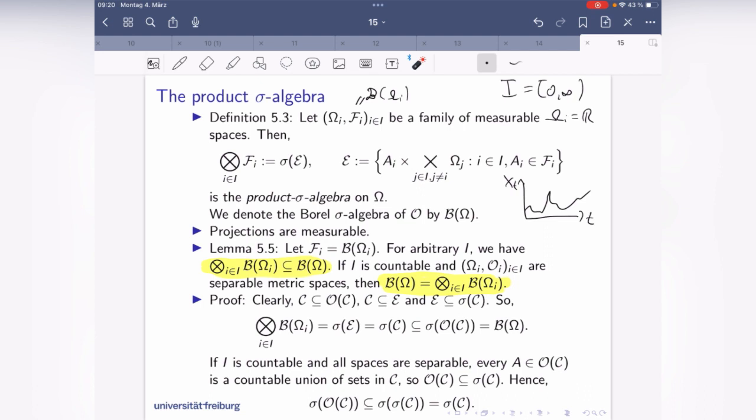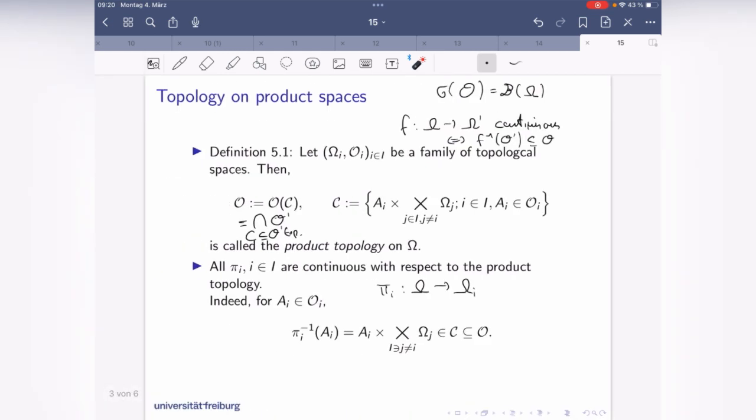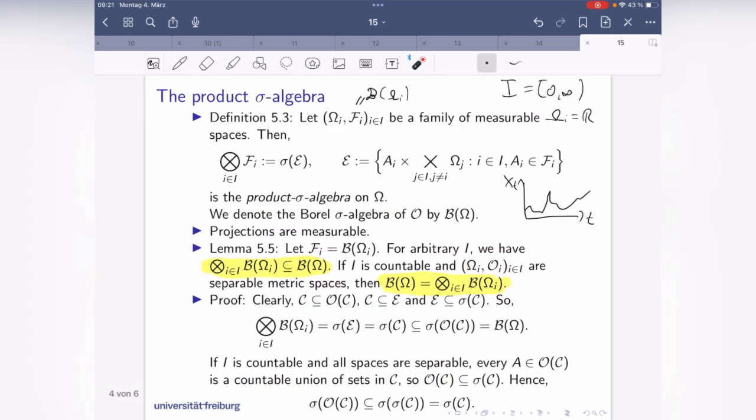Whereas that's not so clear for the other sigma algebra, B of omega, because here you have the topology generated from this set here. But when you generate a topology, there's not this restriction of something being only countable. You can have arbitrary unions, or for closed sets, arbitrary intersections in order to have something closed. And from this, you then generate the sigma algebra B of omega.